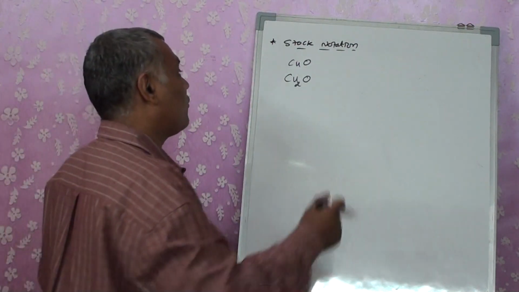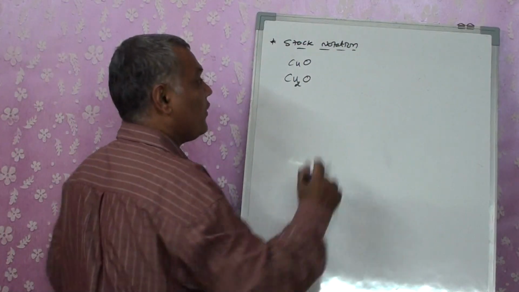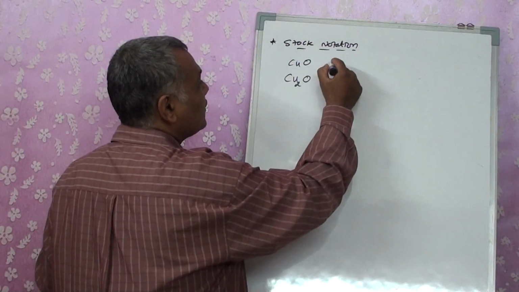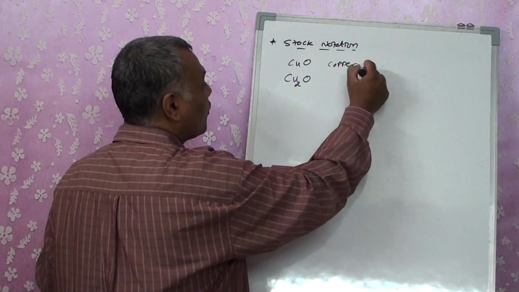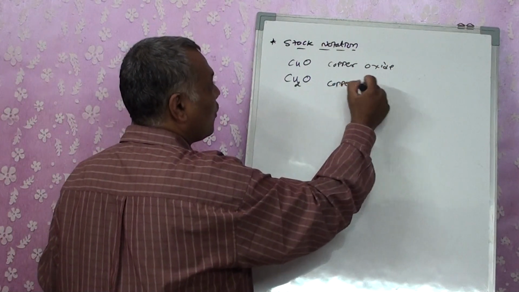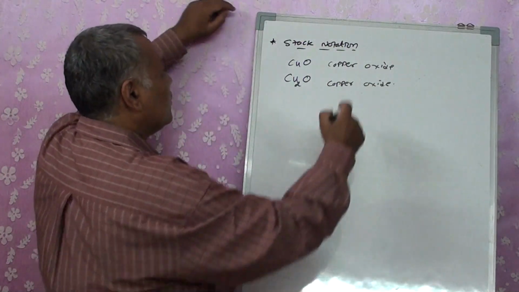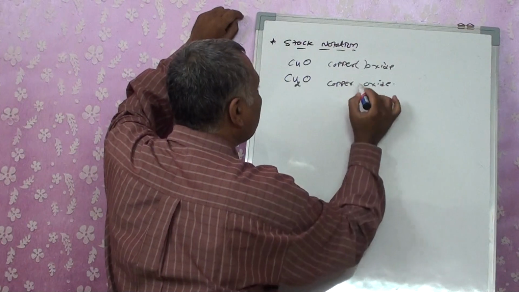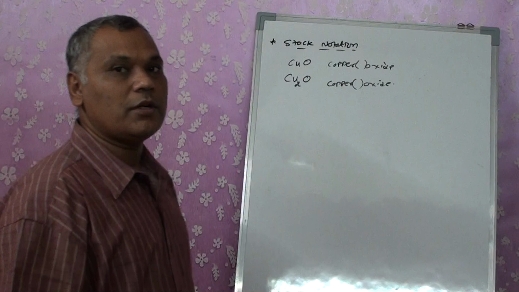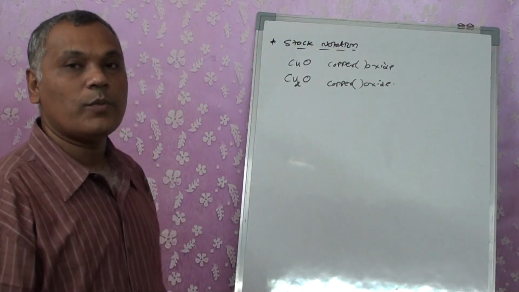Initially, in the general scientific names, when we write it in IUPAC nomenclature, it's written as copper oxide. This one also copper oxide. So how to distinguish it? That is the reason why there was a rule to write the oxidation number of that metal ion within small brackets in Roman letters.